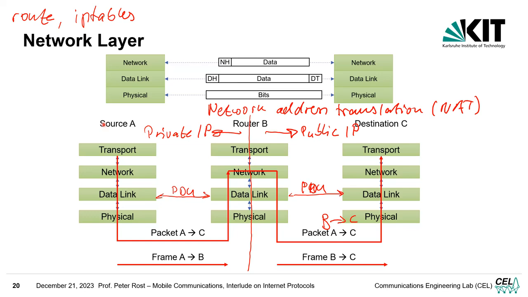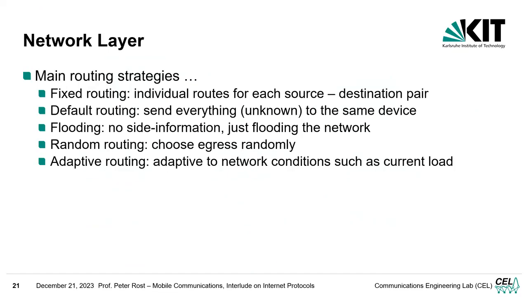Okay, now as mentioned before, on the network layer we have sometimes a very complex topology interconnecting different routers. So sometimes there are many different paths that an IP packet can go through your network. And for this, you need different routing strategies. One is fixed routing, where you have an individual route for each source destination pair.